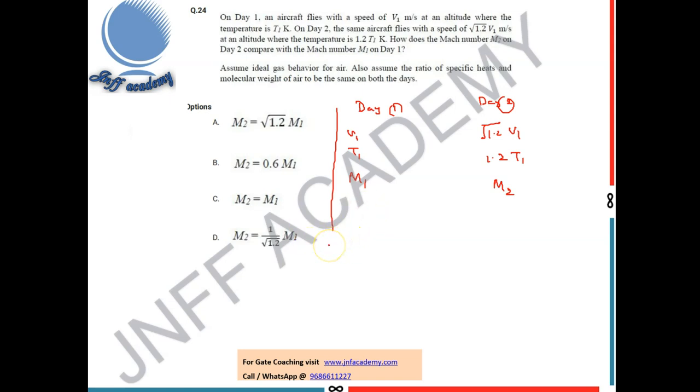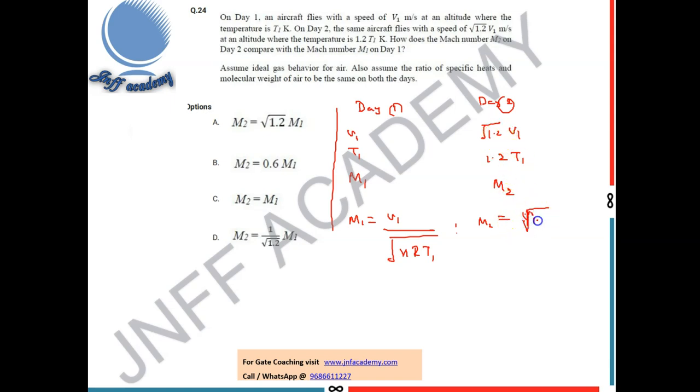What is the formula for Mach number? As we have studied in the class, Mach number is equal to V by a, where a is root of gamma R T. So M1 is equal to V1 by root of gamma R T1. Similarly, M2 is equal to, instead of V2, what do you have to put? What is the value of V2?